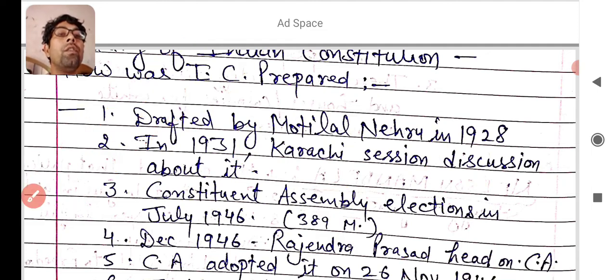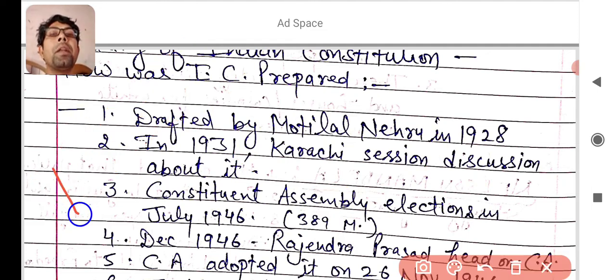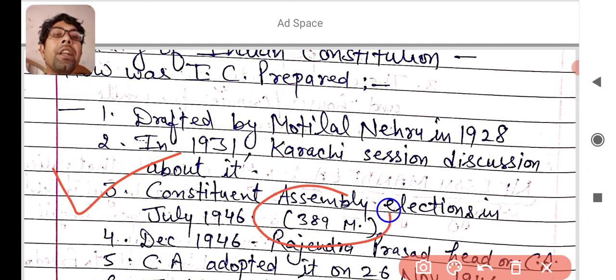Next, a Constituent Assembly was prepared to make the Indian Constitution, and it was made on the recommendation of the Cabinet Mission. Constituent Assembly elections were held in July 1946 to choose 389 members. What was the third process?